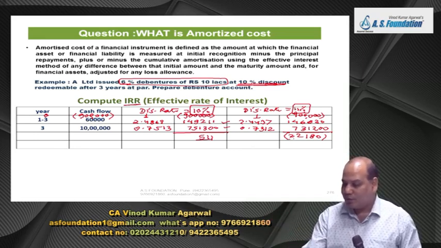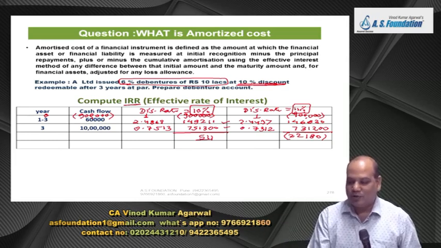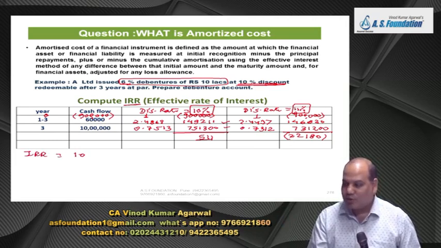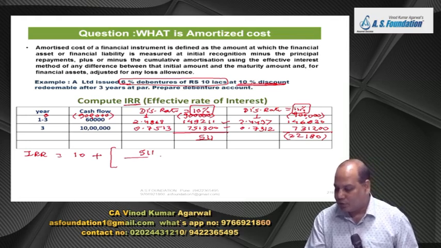Now, do you know the formula for IRR? Calculate whatever formula you have learned. First we will write the start rate, the lower of the two discount rates, 10, plus the net present value at the lower discount rate, 511 or 504, whatever you have got.